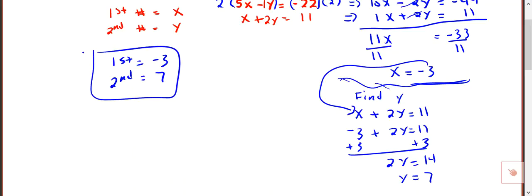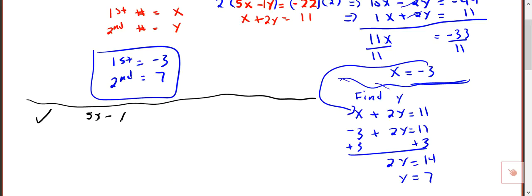Now you can check to make sure that these solutions are valid by substituting these numbers back into each one of your original equations and making sure that the sides balance out. So let's check to make sure that these solutions are correct here. My first equation, I have 5x minus y equals negative 22.